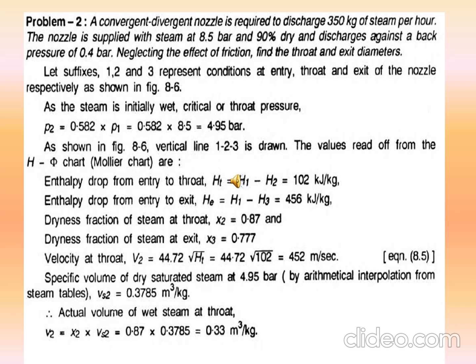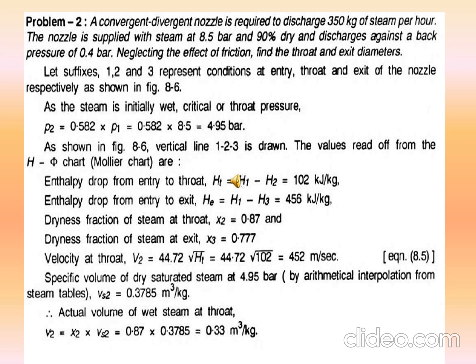First of all, P1 is given, which is 8.5 bar with dryness fraction 90%, and P3 is given, which is 0.4 bar. The throat pressure P2 is not given, so we have to find the P2 value.